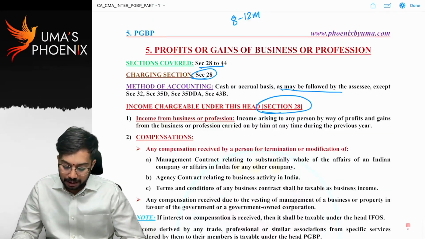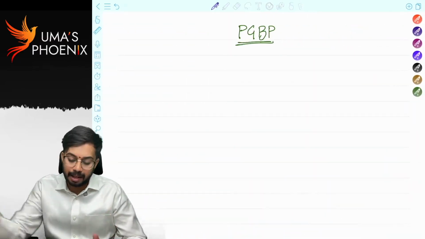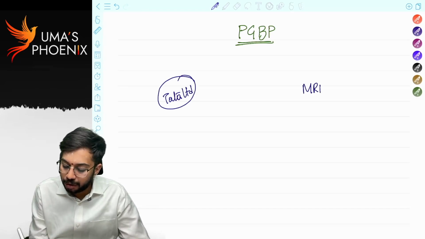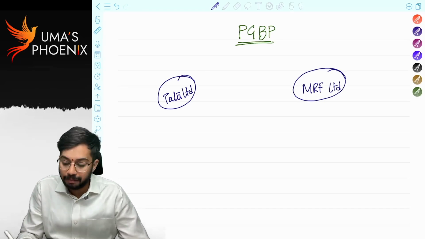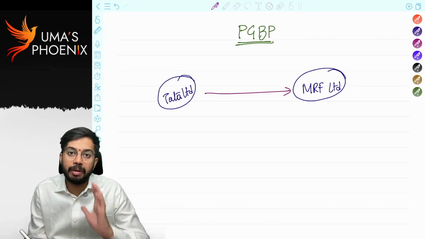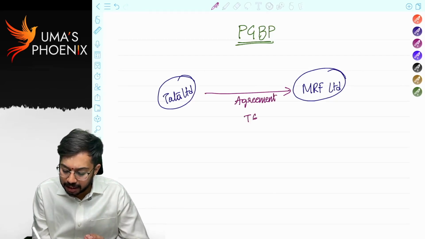Next, compensations. This you will not understand straight away, so I will take one example. Tata Limited is there. MRF Limited is there. You all know MRF Limited is a tire manufacturing company. Tata Limited entered into an agreement with MRF Limited. As per the agreement, the terms and conditions are like this.